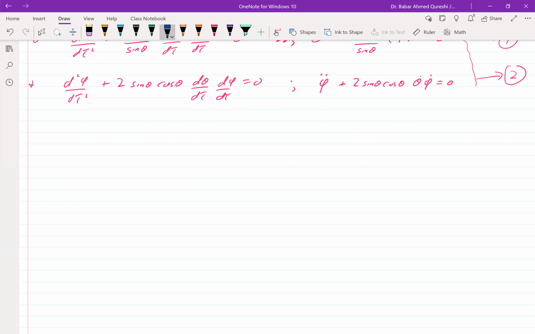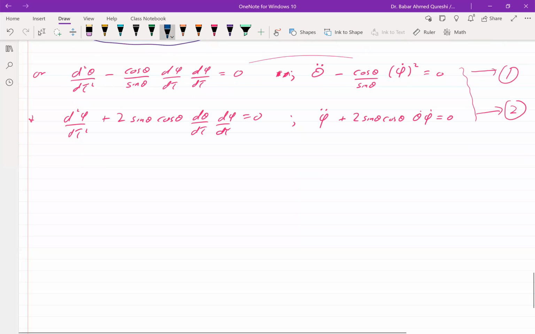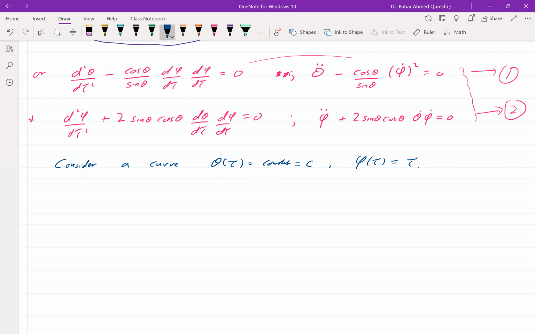But what I'm doing right away, for that you don't even need to talk about any symmetry. I'm going to just check some curves and see if they are straight lines or not. To be a straight line, they have to satisfy equation 1 and 2. So consider this curve: theta is constant, let's say C, and phi of tau, I just put it as tau.